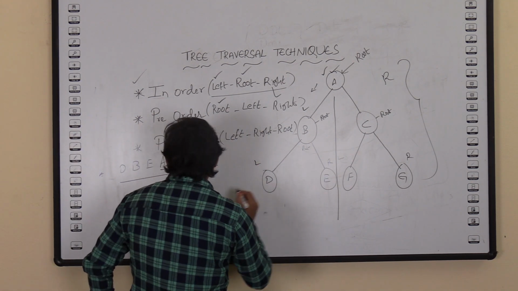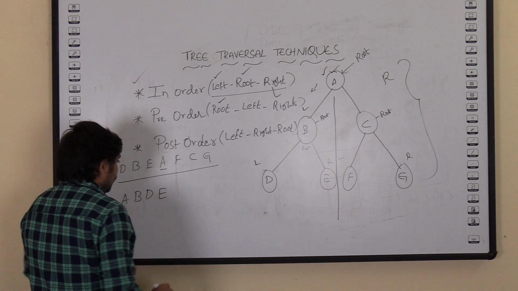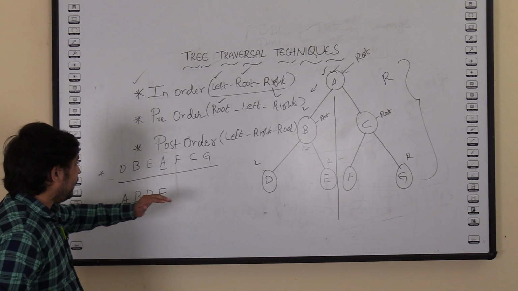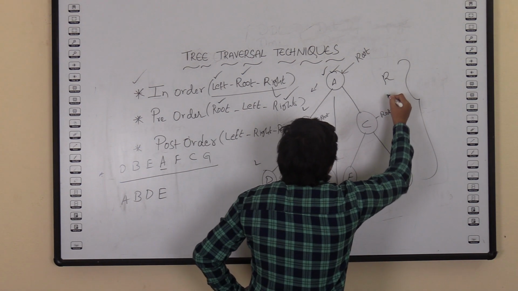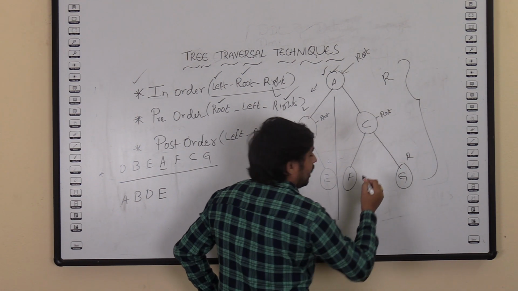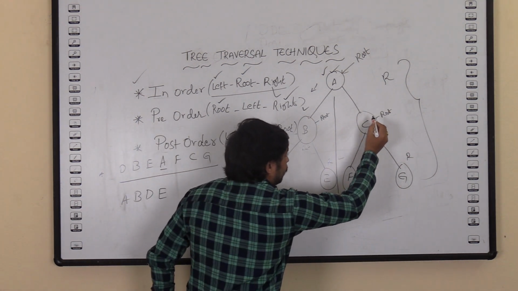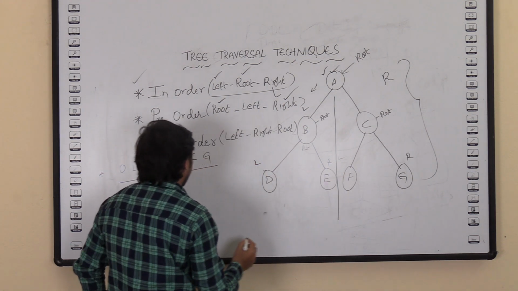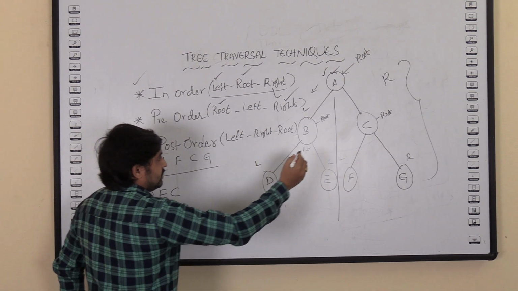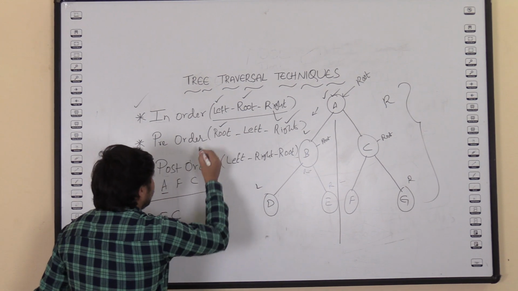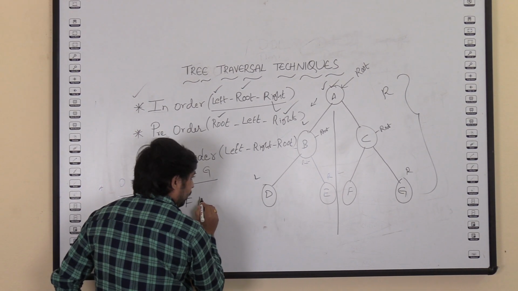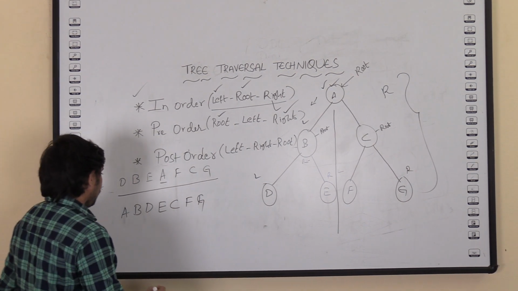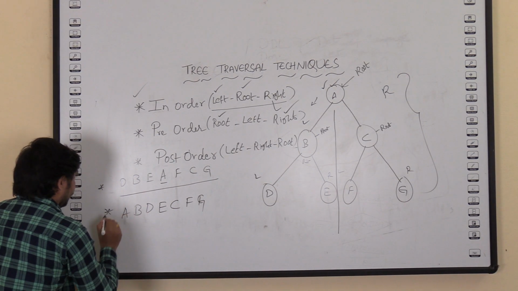Then move into the right side. This is half of the tree completed. Then move into the right side of the tree. In this right side, C is the other root of these two children. C is the root node, F is the left element, and G is the right element. This is the pre-order technique.